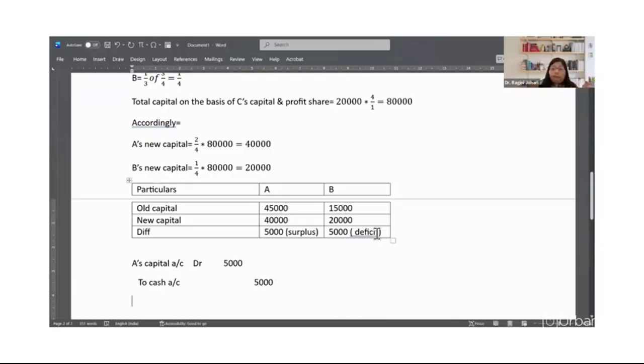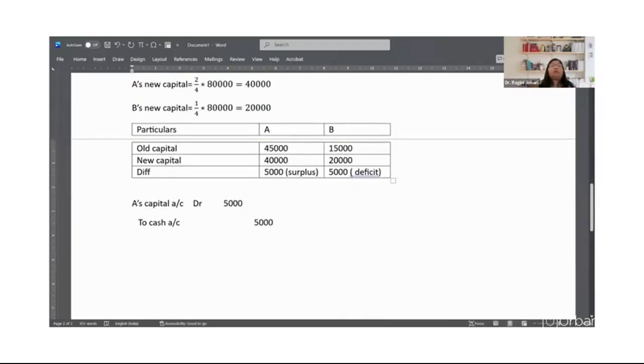Now for B, there's a deficit. That means he has to contribute 5,000 more. So the entry would be cash account debit 5,000 to B's capital account 5,000.